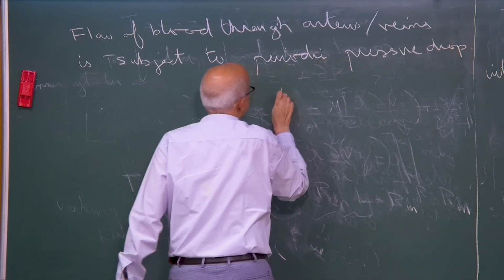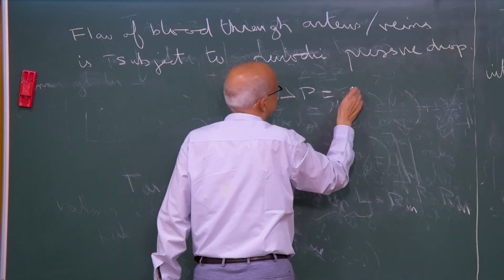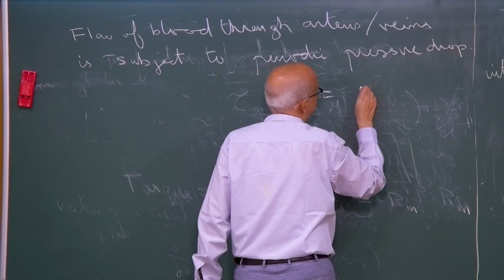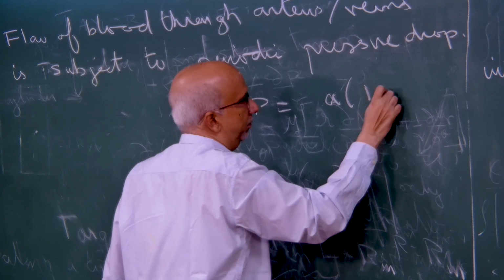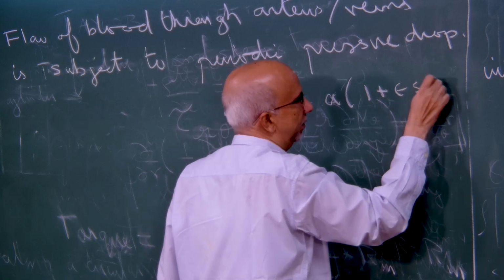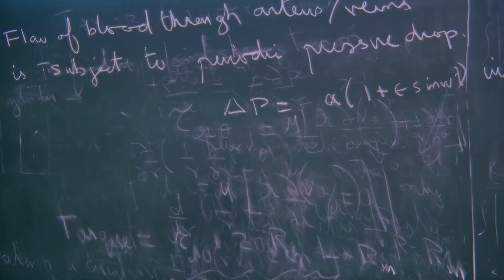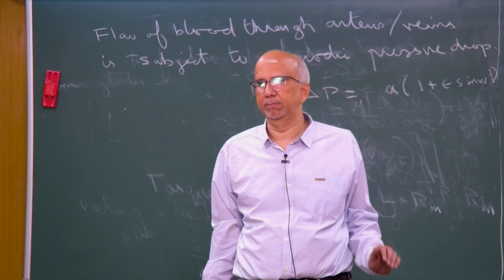What I mean by that is delta P is some periodic function, maybe some constant A multiplied by 1 plus epsilon sin omega t, okay. The pressure is varying periodically in time.